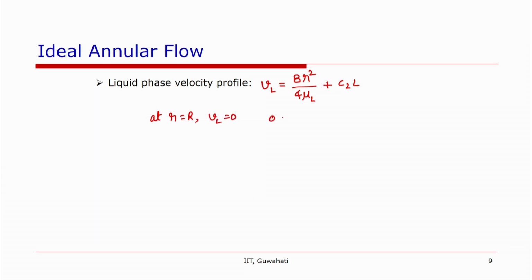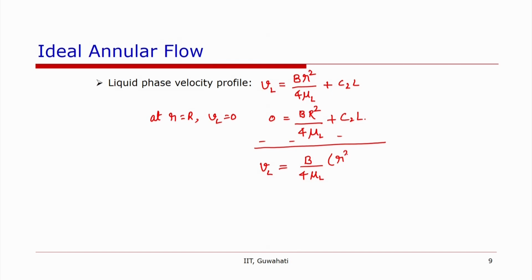So we substitute 0 is equal to B capital R square by 4 μL plus C2L. So by subtracting these two equations, we can get rid of C2L. VL is equal to B over 4 μL (small r square minus capital R square).